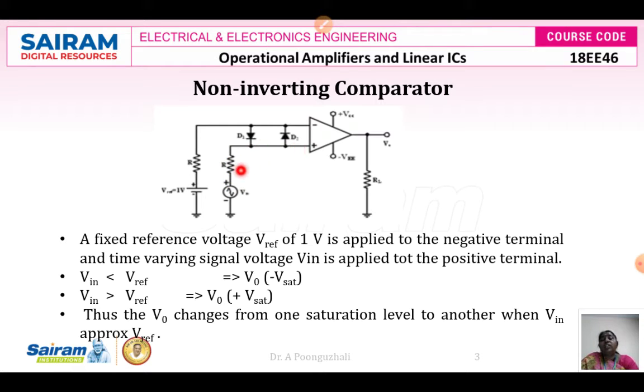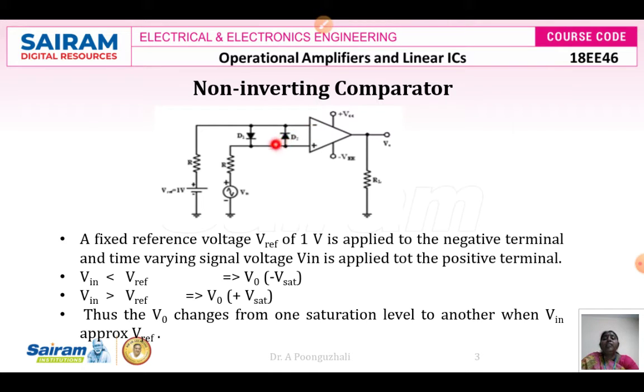Next, comparator means I have to compare with another voltage. So to the other terminal, I am going to connect a reference voltage, which I am going to take as 1 volt here. This reference voltage is connected in series with a resistance, and it is connected to your negative, that is your inverting input terminal.